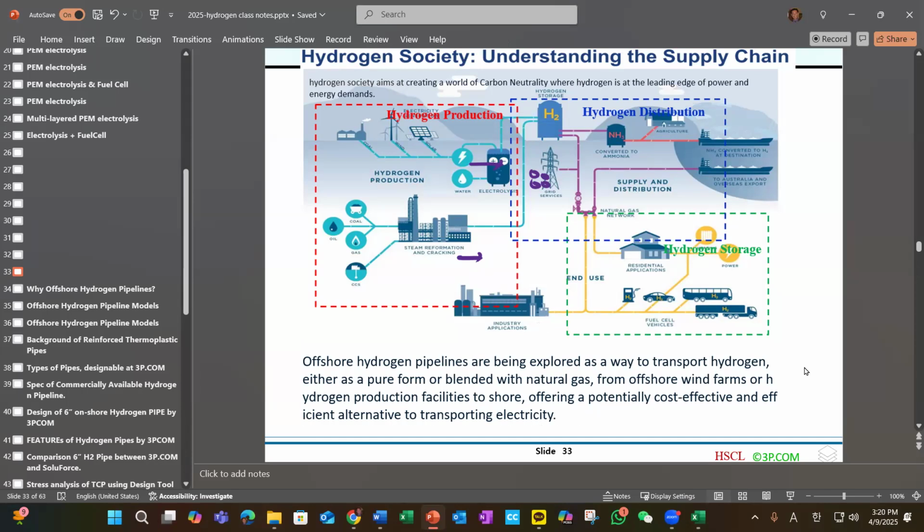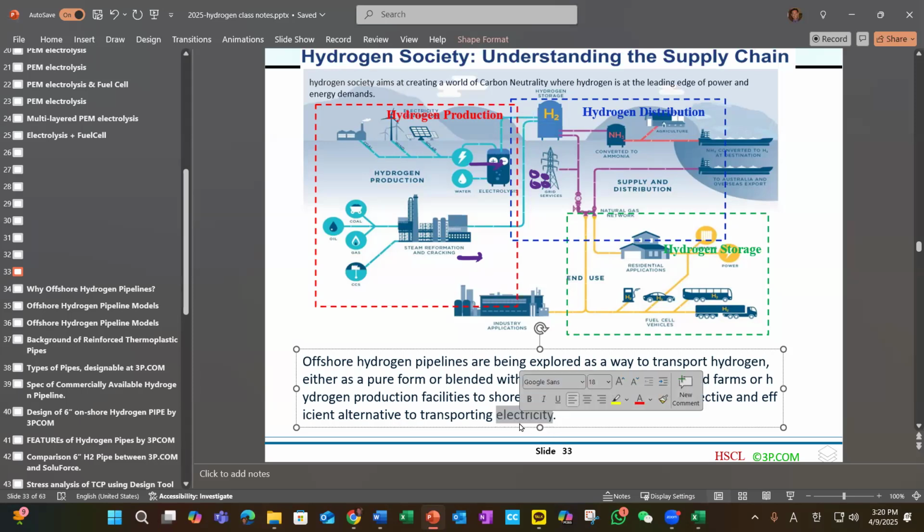This is the concept of P2G, power to gas. Electricity is converted into hydrogen gas. The gas will be distributed and stored and then used in industry or home uses.